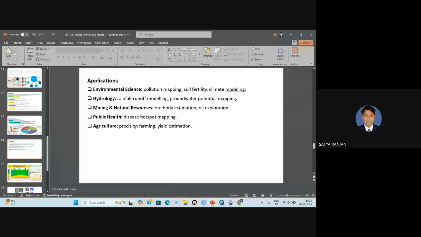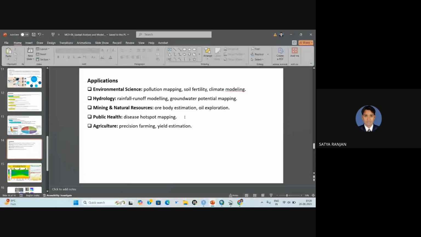Sometimes it is also used for greenhouse gas estimation of particular areas, as in most crops like paddy fields a lot of greenhouse gas emission is found, so this can be estimated with field data integration.